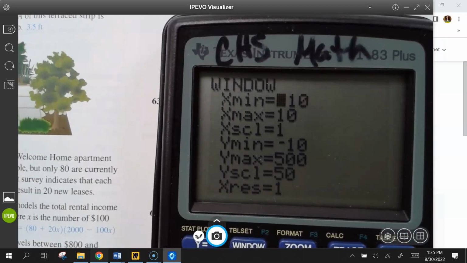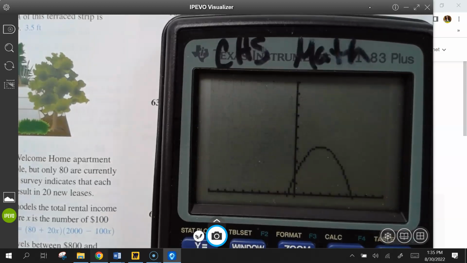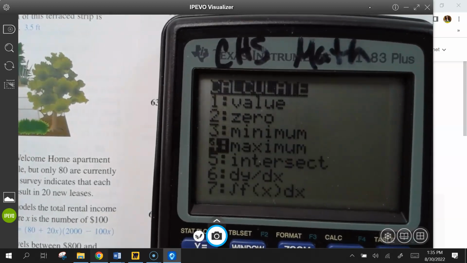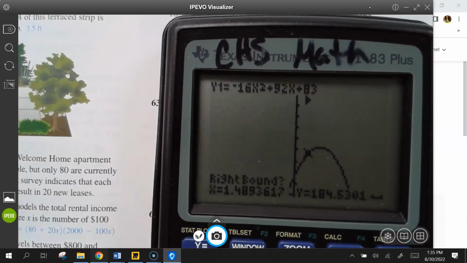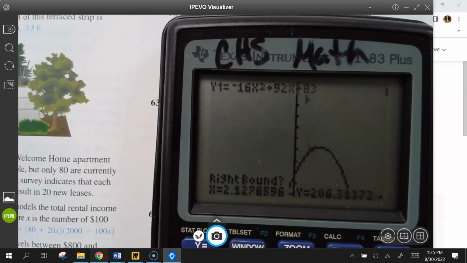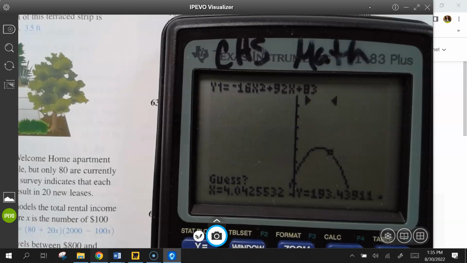Yes, that's correct. That's correct. Second trace, max. Go to the left side of the maximum and hit enter. Go to the right side of the maximum and hit enter.